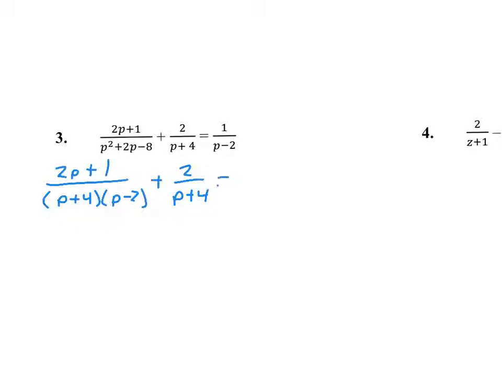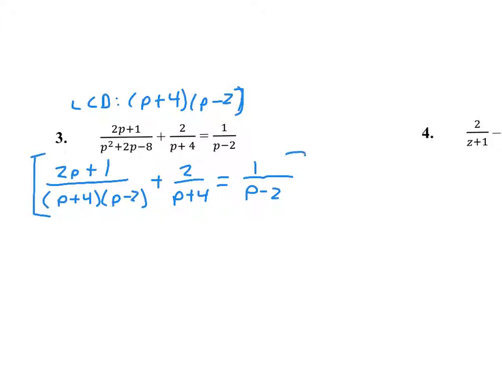Everything else is already factored. So our LCD looks like p plus 4 times p minus 2. So we're going to multiply everything by the LCD.